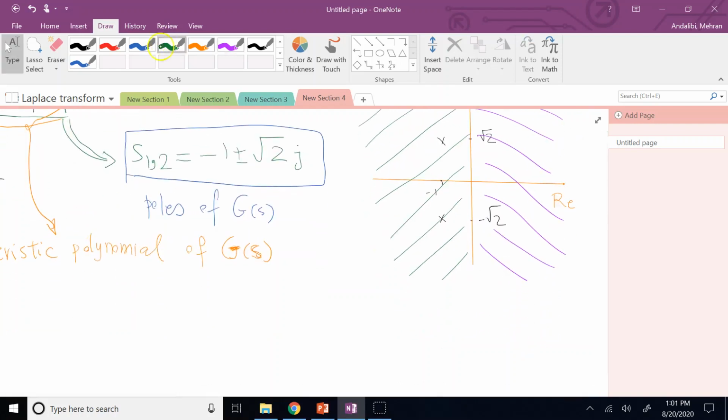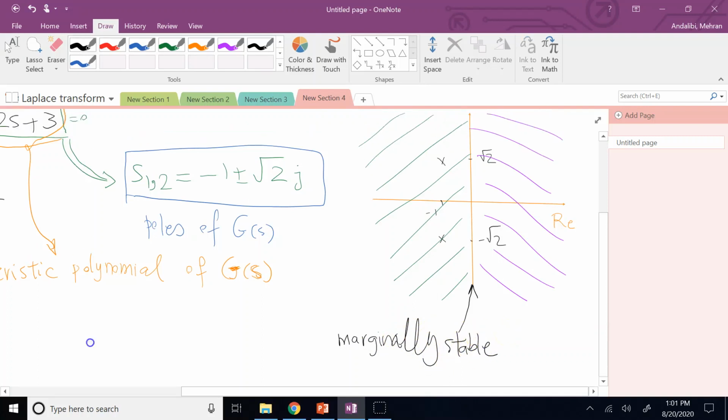And if they are on the imaginary axis, we'll talk about this more in the next chapter, but we say the system is marginally stable.